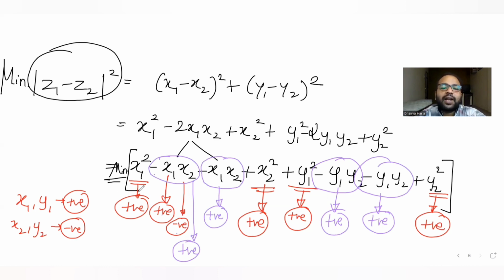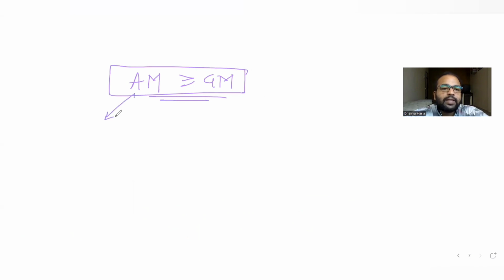Since all of the terms give me positive values, I can apply one idea which we have already studied in previous videos, that the arithmetic mean is greater than or equal to the geometric mean. So let's try to find this.